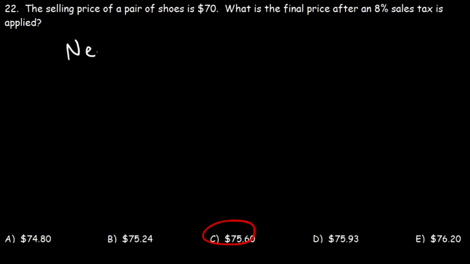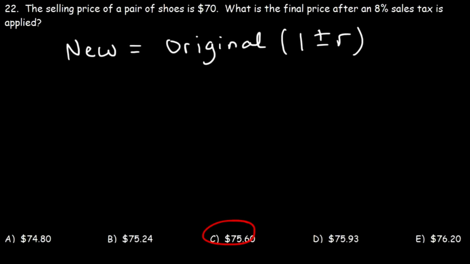The new price is equal to the original price multiplied by 1 plus or minus R, where R is the sales tax or percent increase or decrease in decimal form. So the original price is 70.